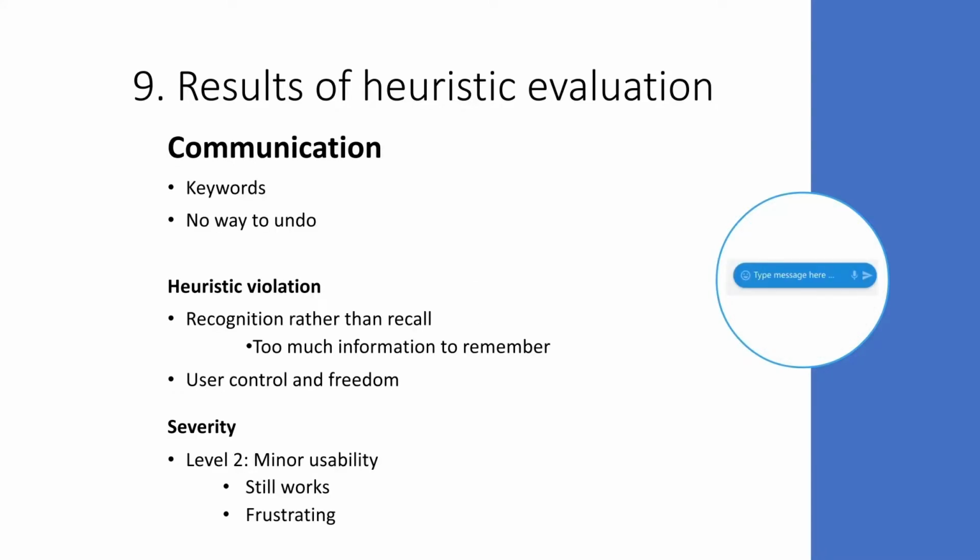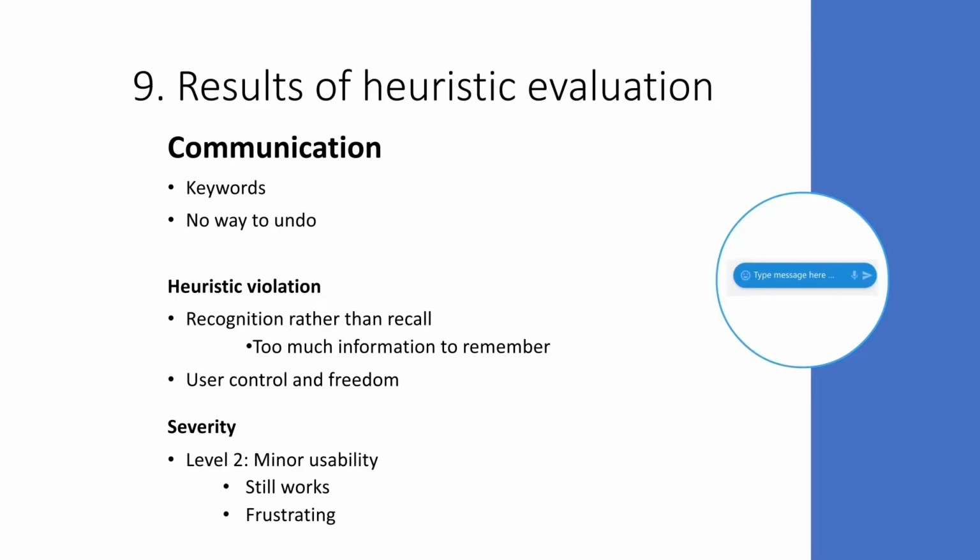Issue number 2 is about the communication device, in regards to the use of keywords to load preloaded messages. If the user forgets the content of one of the messages, there's no fast way to see that content, and there's no undo button when sending a message.